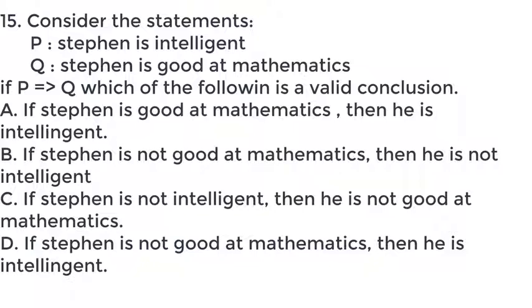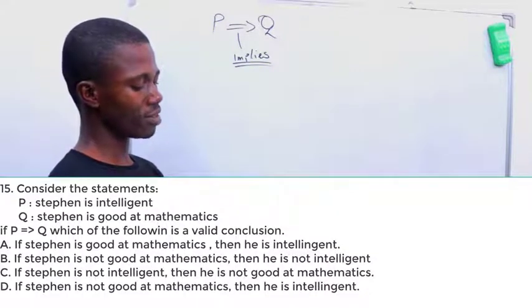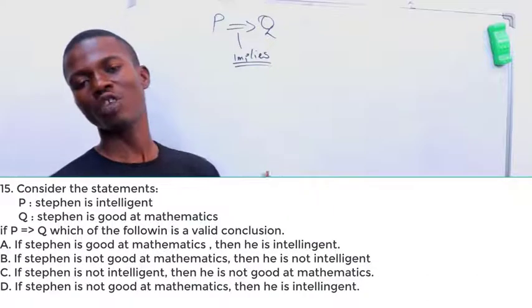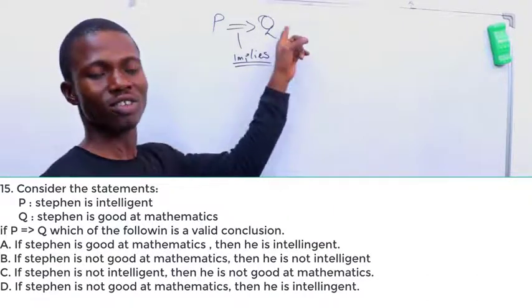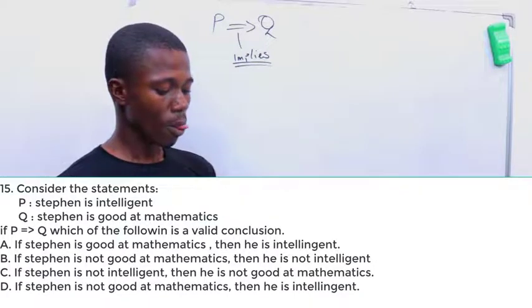But the problem here is if Stephen is good at mathematics, mathematics came first. But in the question, P is intelligent. Intelligent comes first before being good at mathematics, okay? But option A means if Q, then P, that is Q implies P, but that is not the question. Okay.